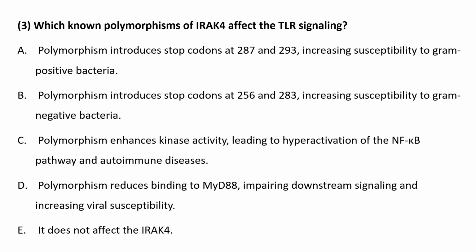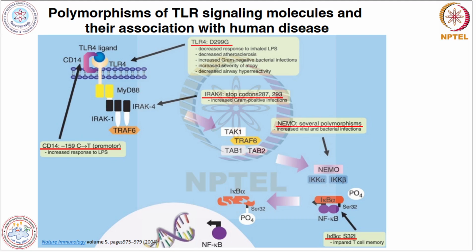The next question is which known polymorphism of IRAK4 affects the TLR signaling? For understanding this IRAK4 effect on TLR signaling, we will see this. I think you might have gone through it in the lecture video also, but I will quickly summarize it here again.